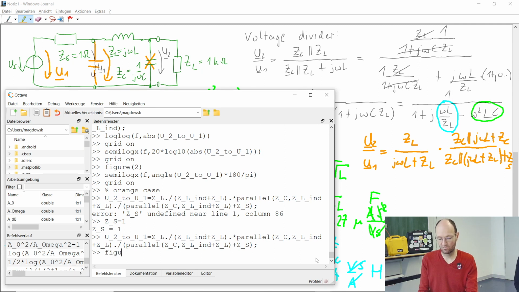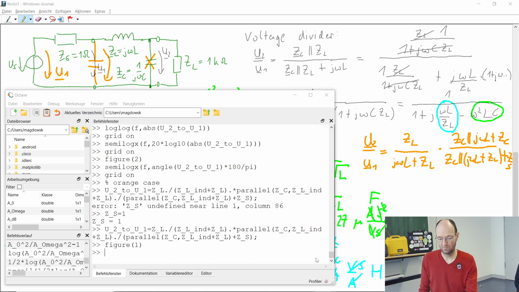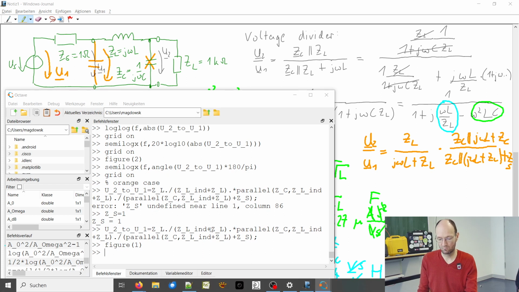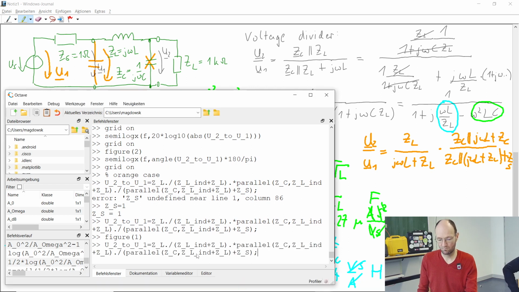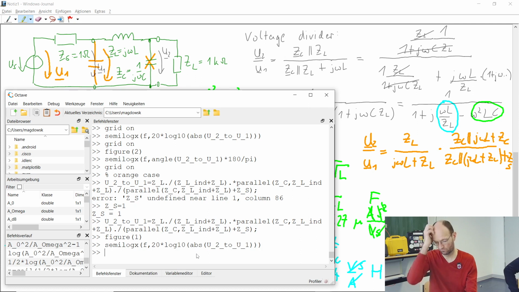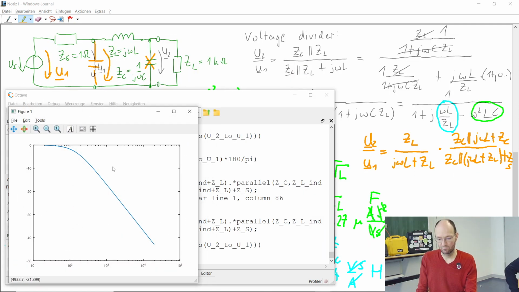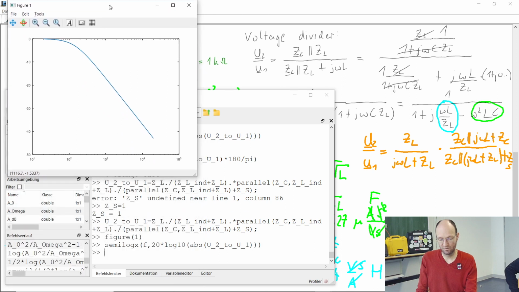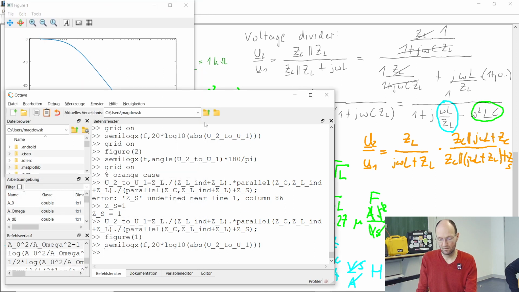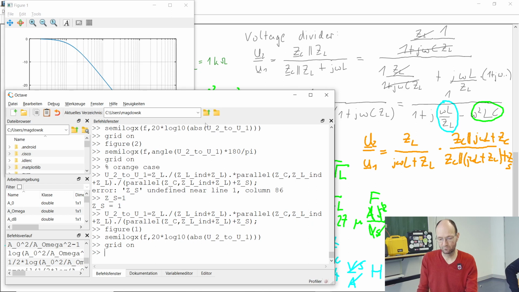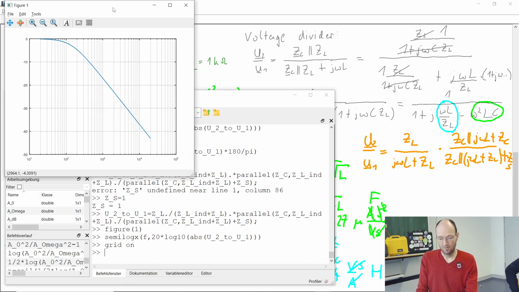And so I can go back to figure 1 and do the semi-log x plot of the amplitude response. And this now looks like this. If we add a grid, you can see it's not looking that nice, right? We only get something between 30 and 40 dB in this case.